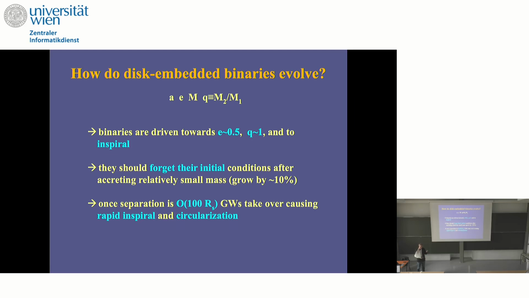But yes, you can make a system where, let's say you start with very unequal mass, it's spiraling in, and then it goes up to some value, and then it makes a U-turn, starts to go out. There are different evolutionary paths implied by this model. That's very cool. But ultimately, if they're driven to this state, they will actually inspiral eventually.